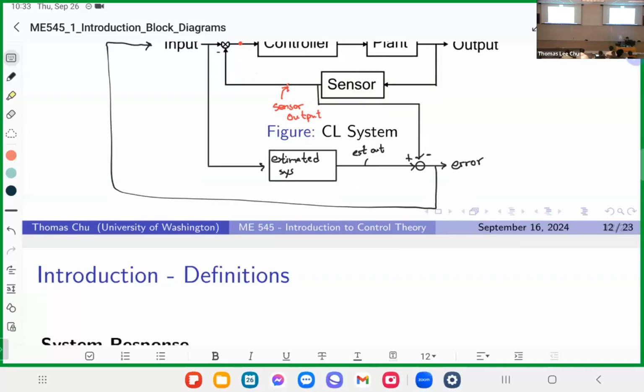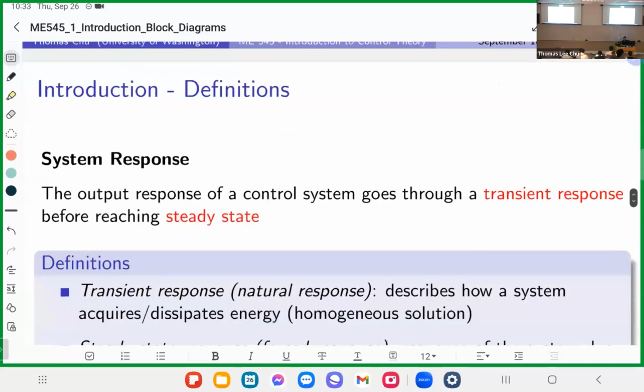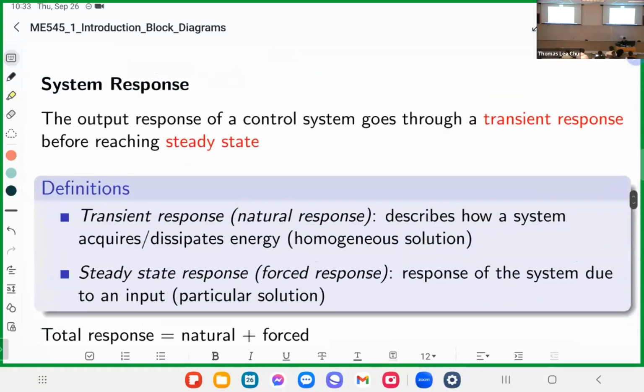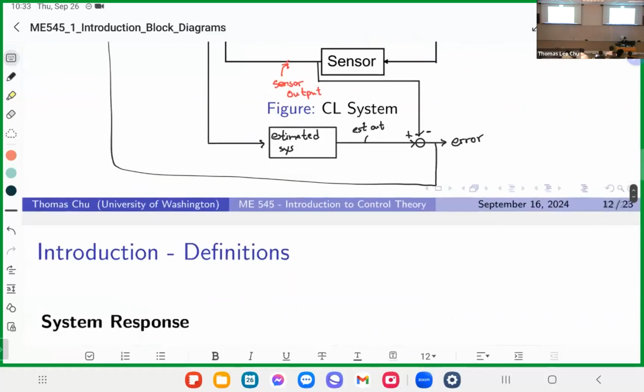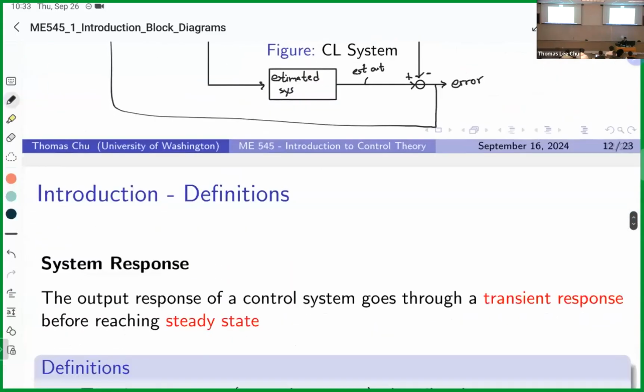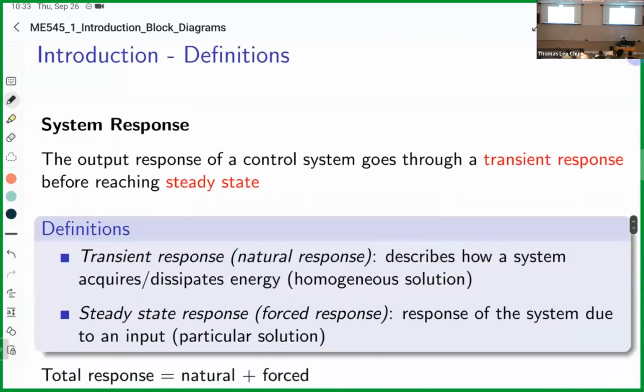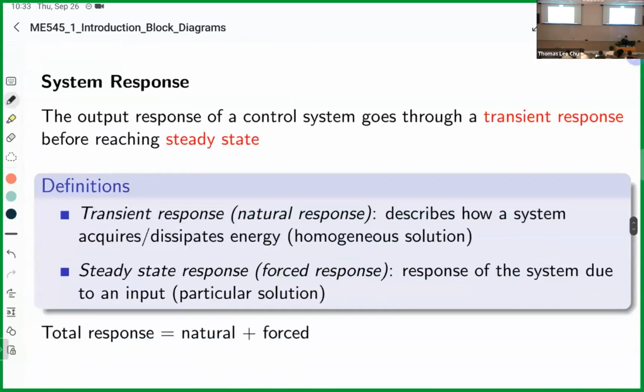All right, so we ended yesterday going over closed loop systems, and we just started on system response. So when we look at system response, there's two types of responses. One is called the transient response, or the natural response. This describes how a system acquires and dissipates energy.